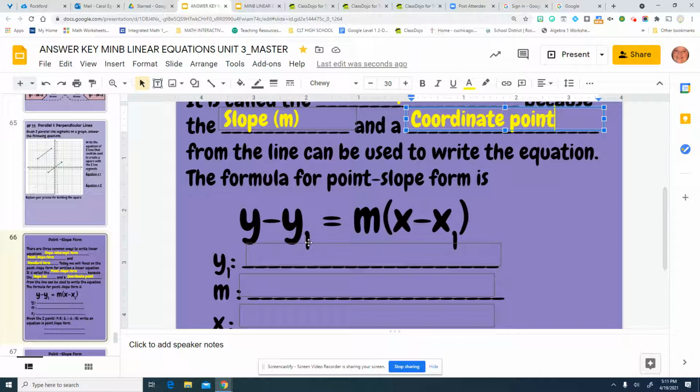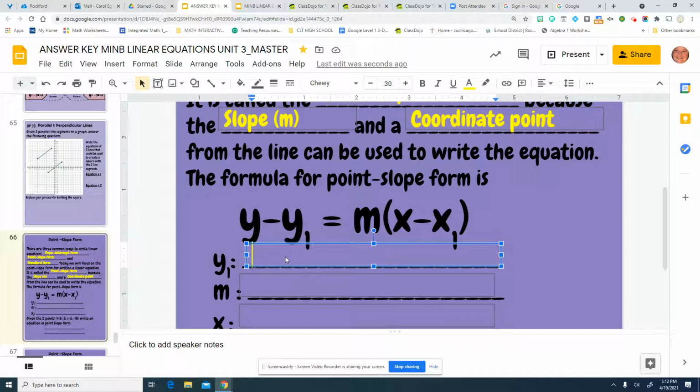And again, when we have subscripts like this, there's no mathematical computation involved. That's an indicator that we only need one point to write point slope. So this x1 and this y1 are going to be from a point that we know lies on the line. And of course, m is slope, sometimes called rise over run or constant rate of change.